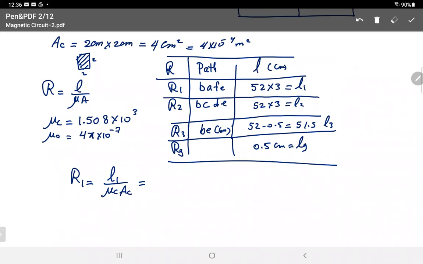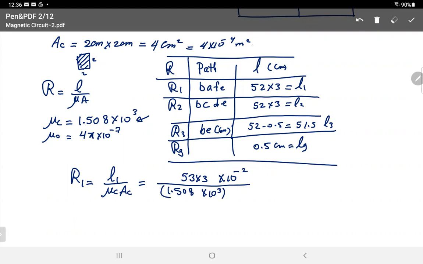But I have to do at least one to make sure that you convert to meters. So it's 52 times 3 centimeter, and then you multiply it by 10 to the power minus 2 to make it meter. And mu C, we have mu C, will be 1.508 times 10 power 3.